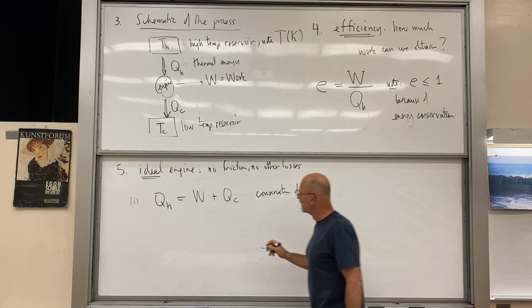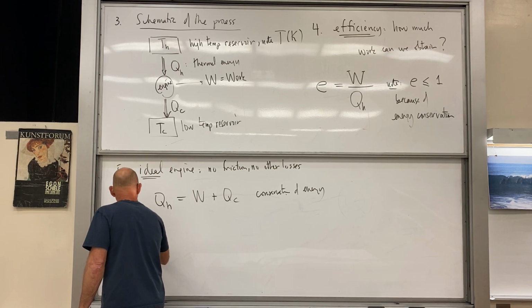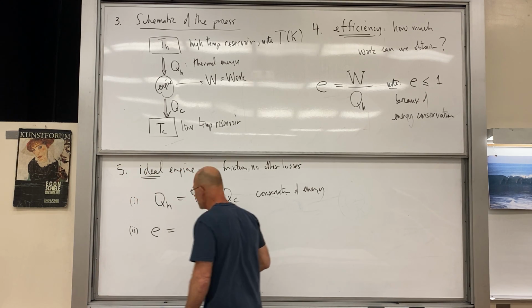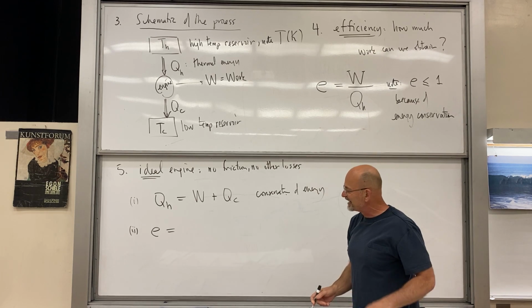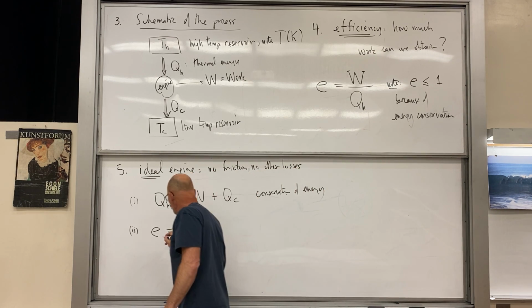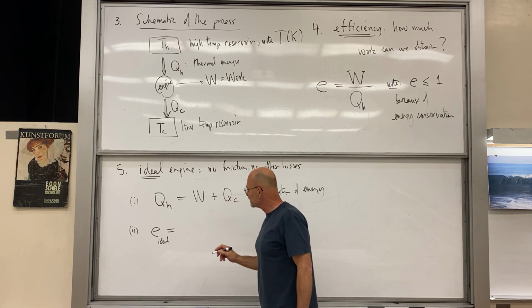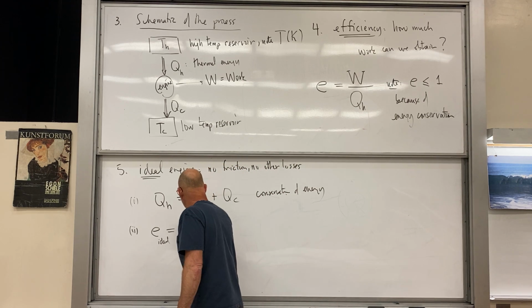Then we can take our efficiency definition. So now this is the general definition. Now I'm going to have the ideal efficiency. I don't have to write these names here, but I'm saying it. So the ideal efficiency is when I do the W divided by the QH.